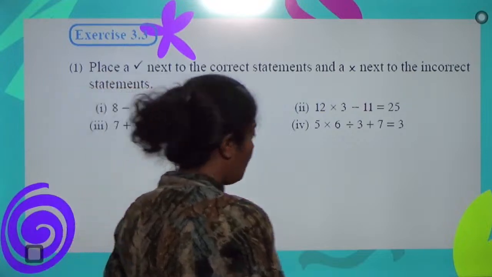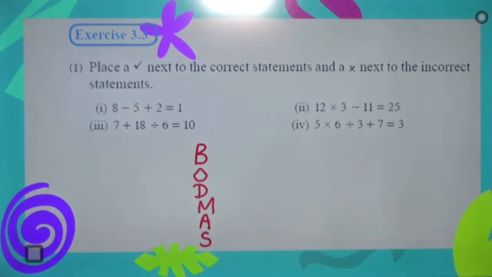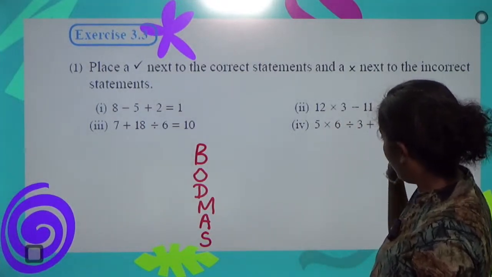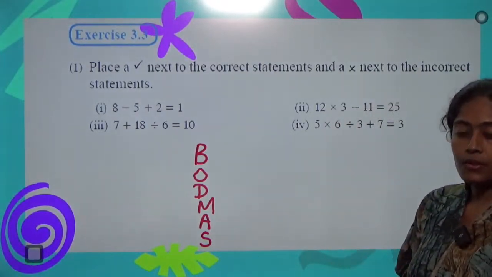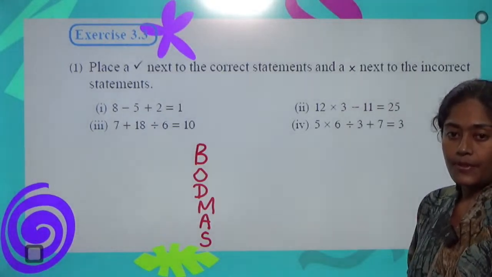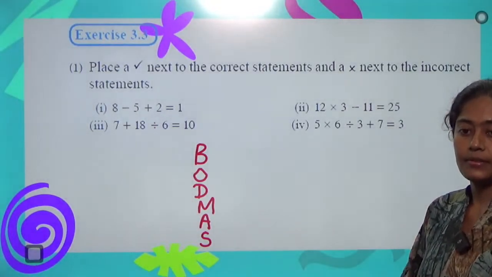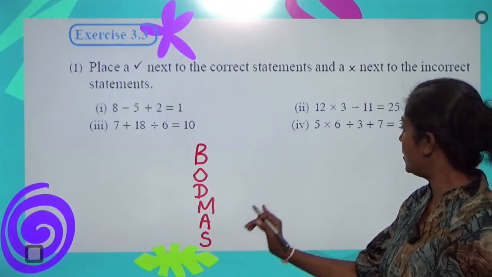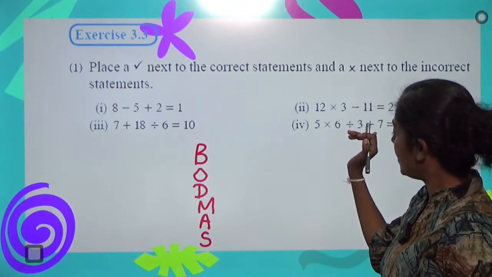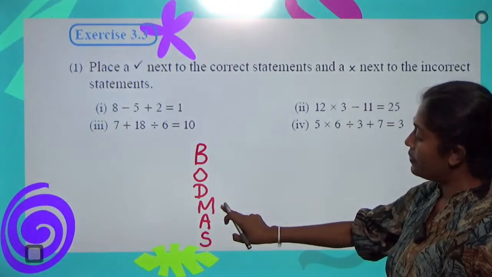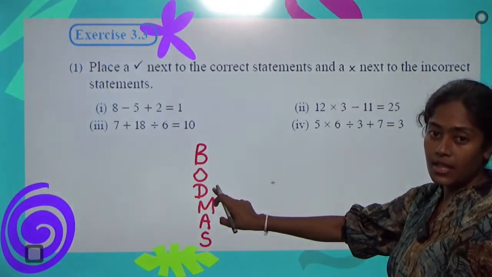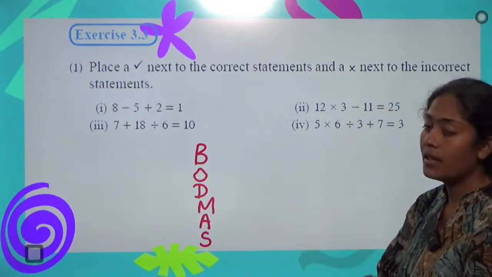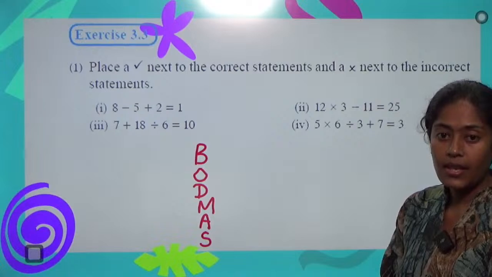Now we have 3 operations there: multiplication, division, addition, right. So what do we have to simplify first? Here, according to this order, multiplication, division, addition, first we have to simplify the division, then the multiplication, finally the addition.